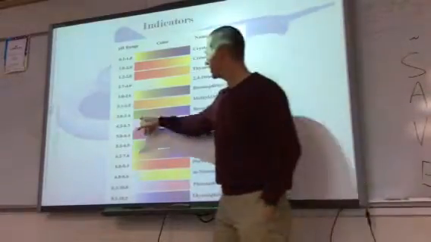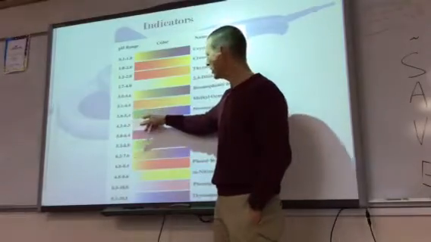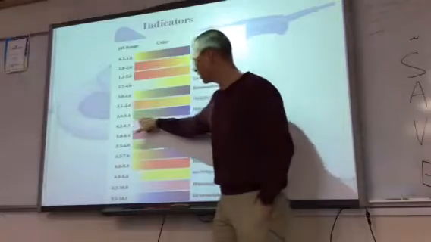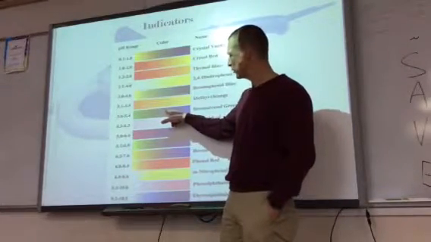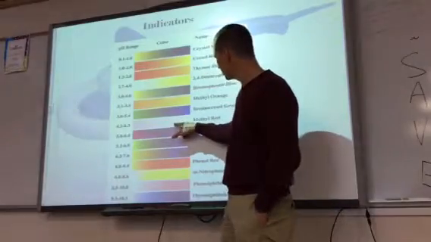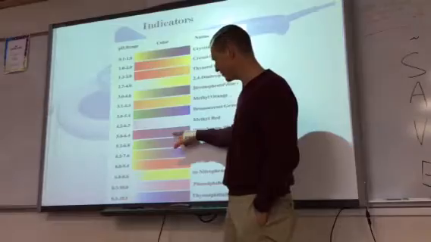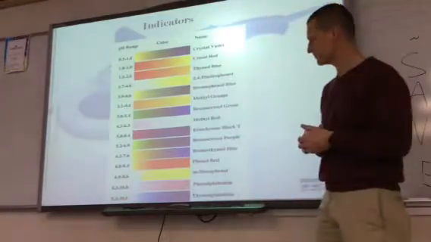Well, this one we probably don't want to use because that goes between about 3 and 4.5 or so. This one is from 3.8 to 5.4. So this one would be a good one to indicate a pH of 5 equivalence point. This one would work too, Methyl Red. And even this one is fine, from 5 to 6.4. You have the pH plus or minus 1, so that would be fine.